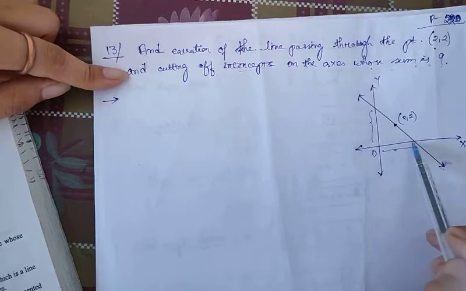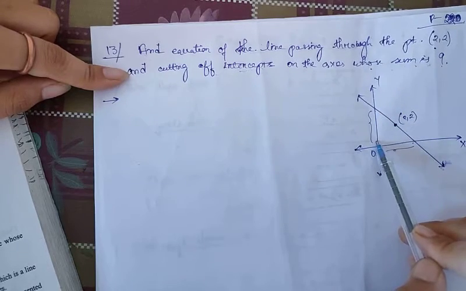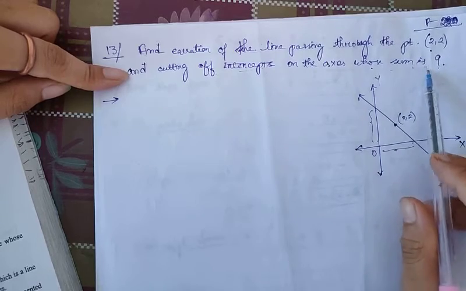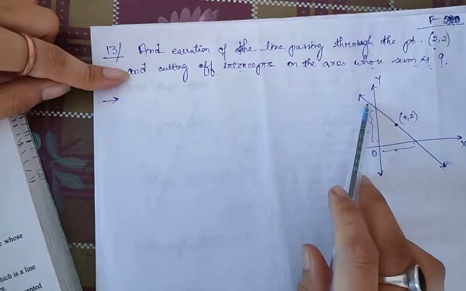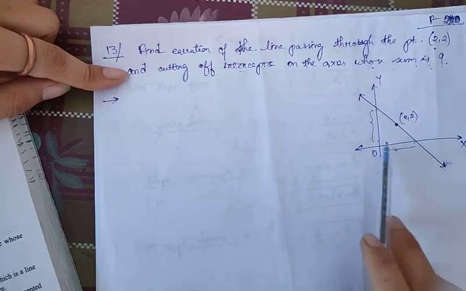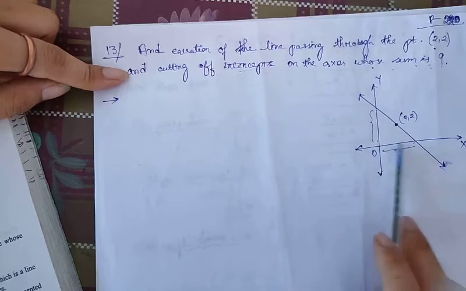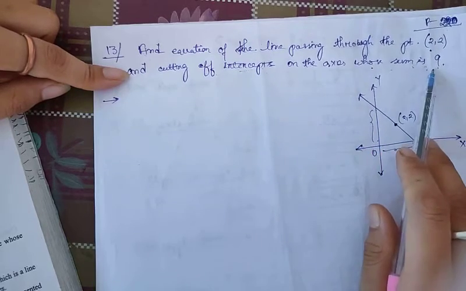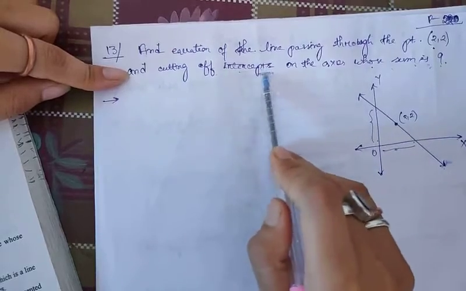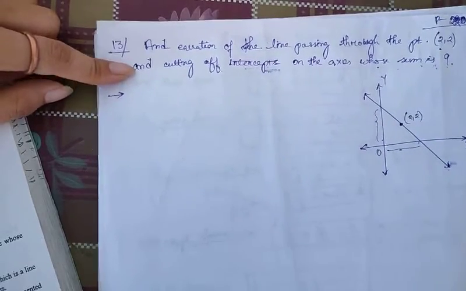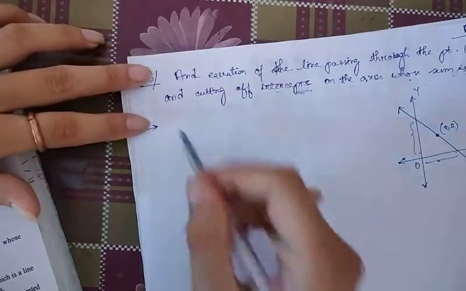That means x-intercept plus y-intercept is equal to 9.